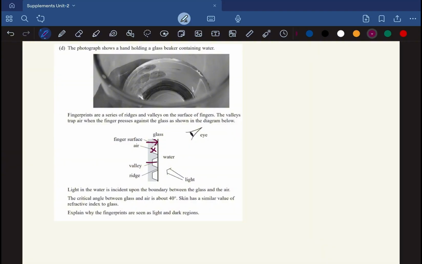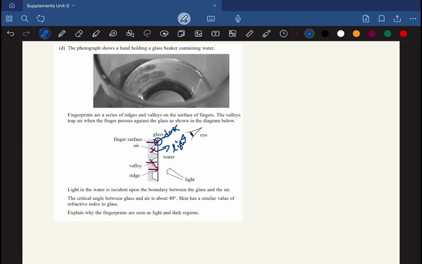Here as well there is no contact, but here the finger is in contact with the glass, and when the finger is in contact with the glass, it produces a dark region, and here when there is no contact, it produces a light region. This is what it says, right?